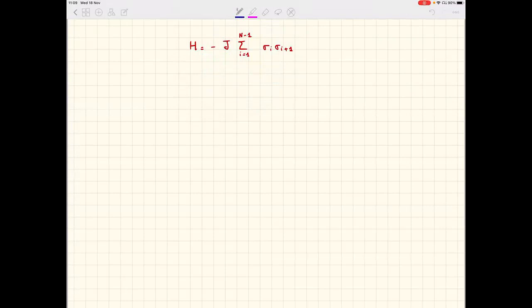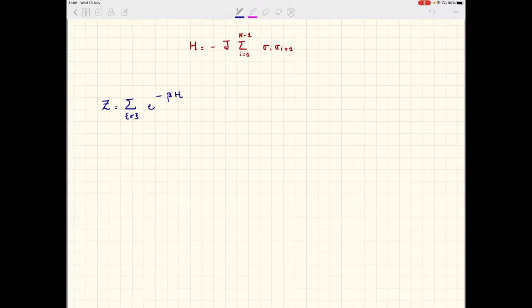And now what I want to do is compute the partition function, defined as Z equal to the sum over all configurations sigma of e to the minus beta H.